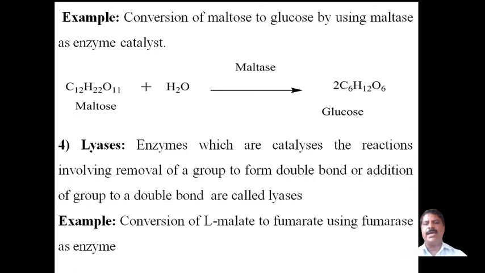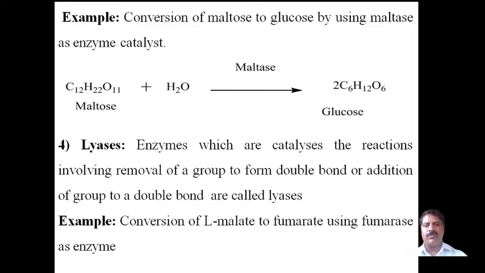Therefore, what are lyases? Enzymes which catalyze the reaction involving removal of a group to form a double bond, or addition of a group to the double bond, are called lyases. Here it is not an oxidation-reduction reaction. Here we are inducing the double bond or removing the double bond by using a group.